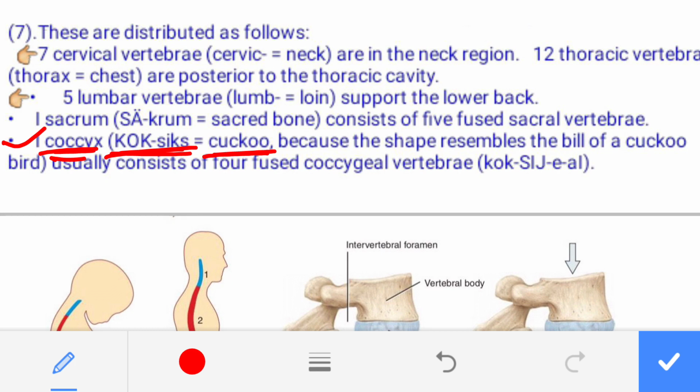Because it resembles the bill of a cuckoo bird, so that's why it was given the name coccyx vertebra. And this one coccyx vertebra is made up by the fusion of 3 to 5. Remember this thing. Over here it is written 4, but I am telling you 3 to 5 coccygeal vertebra fuse together, join together, and make one coccyx vertebra.